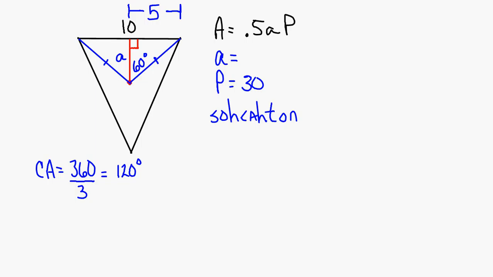Opposite and adjacent deals with tangent. So tan 60 equals the opposite side, which is 5, over the adjacent side, which is the apothem you're trying to find.